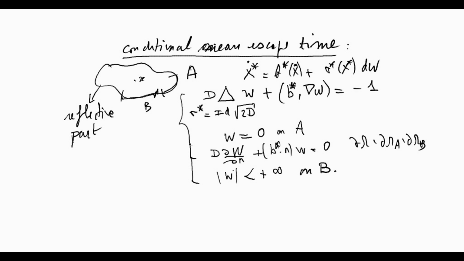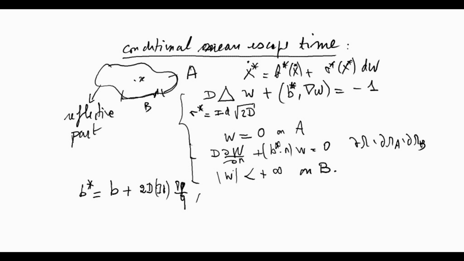And so now we can write this in terms of the drift of the initial process, which is B star equals B plus sigma sigma transpose, which is simply 2D multiplied by identity, applied to gradient P divided by P, or gradient Q divided by Q, where Q was the conditional process.